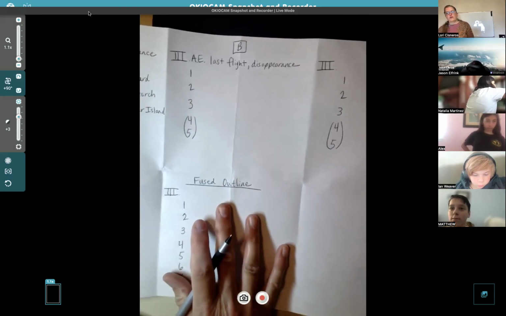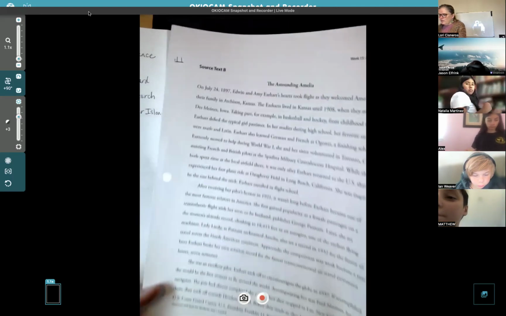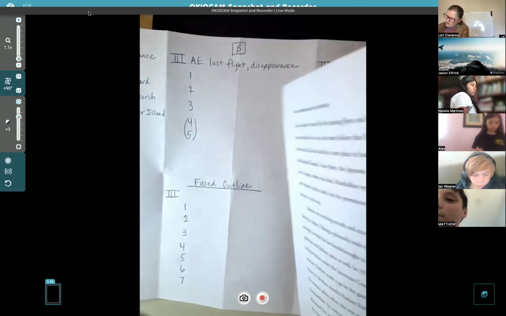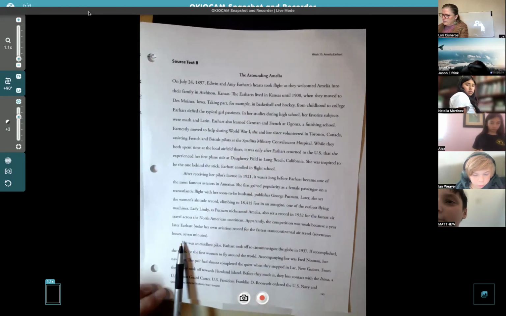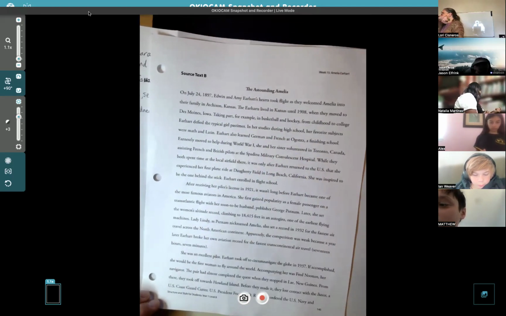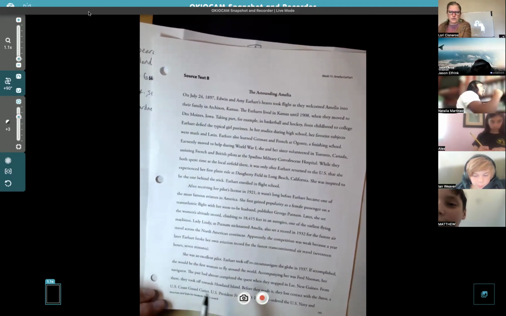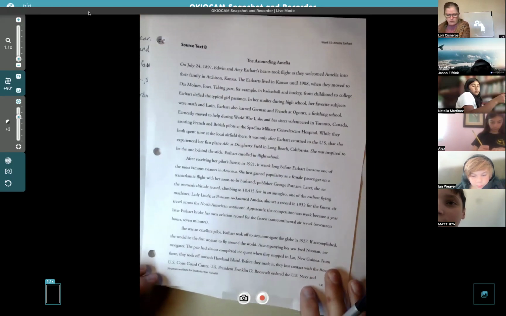We're going to try to see if we can find some different information in source text B. It's going to start right here at the bottom of 145. This is the astounding Amelia. And it starts here, but it goes on the back too. So we'll read that together.